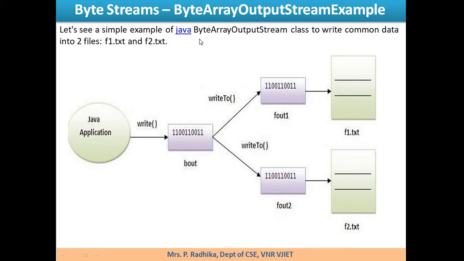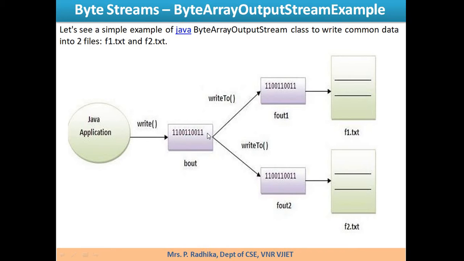Let's see a simple example of byte array output stream where we are writing common data to two files through a Java application. So what methods are to be used here? Write and writeTo. This is the Java application, and these are the objects that we have created: a file output stream object as well as a byte array output stream object.